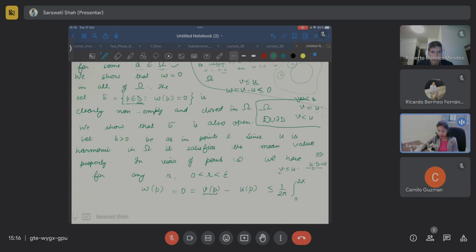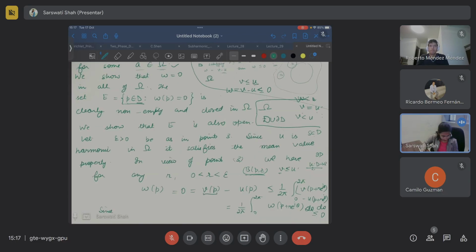Under this property V is subharmonic, since it is less than or equal to U. When we apply the mean value property in the subset of D, because B(P, epsilon) is a subset of D, V and U are harmonic in this disk, and using the mean value property defined for the harmonic function, the integral of V(P plus r e to the power i theta) minus U(P plus r e to the power i theta) d theta equals 1 over 2 pi integral from 0 to 2 pi of W(P plus r e to the power i theta) d theta.